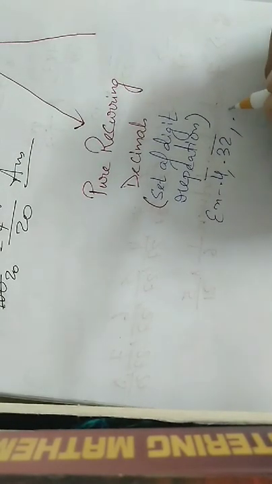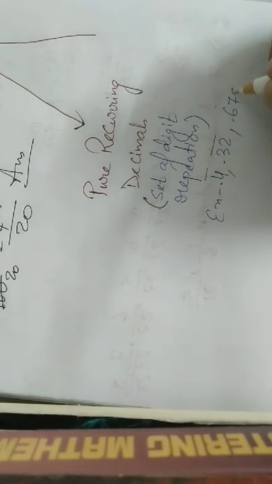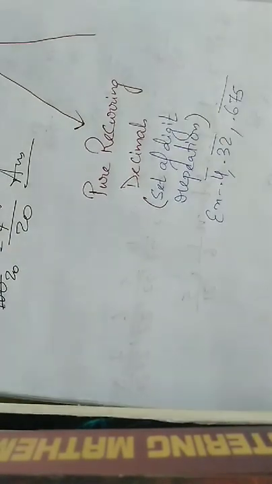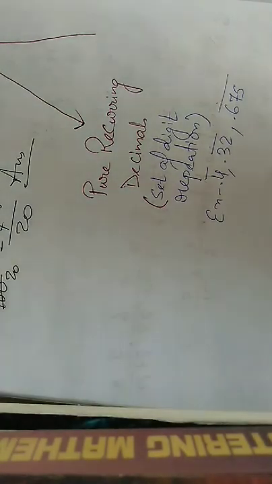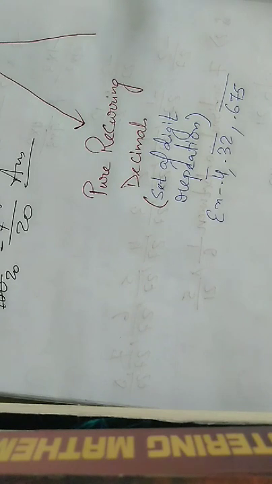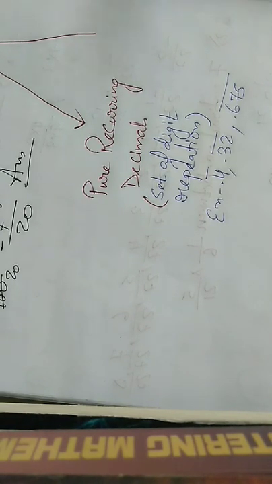One more I'll tell you, 0.675 bar. After that, there are n number of 0.675, 0.675, 0.675, and so on. So these are called pure recurring decimals.